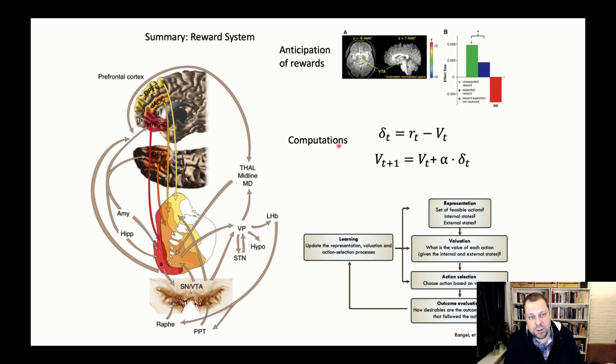And that's exactly what's predicted by this delta parameter here in this very simple Rescorla-Wagner learning model. It's also what we see in the brain of humans when they get a surprise positive outcome or a surprise negative outcome.